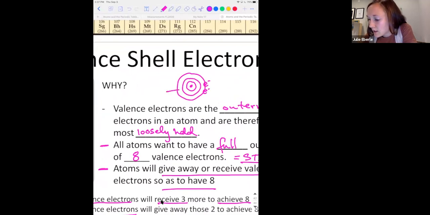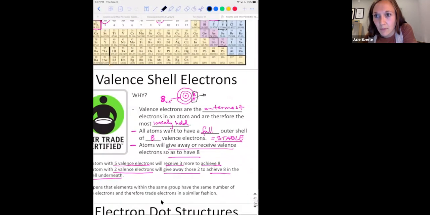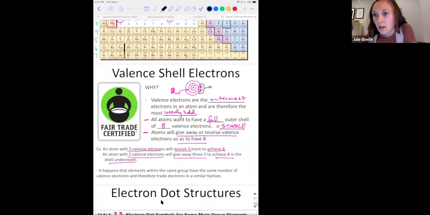On the shell underneath, that energy shell, we haven't drawn these, but it's going to have a full set of 8 valence electrons there on the second shell. So it can give these 2 away, and then underneath it has a full set of 8. That's quicker, that's better than gaining 6. We'll get more into this. If you don't fully understand some of this stuff, we will talk about it more in chapter 3 as well. I just wanted to introduce it here.